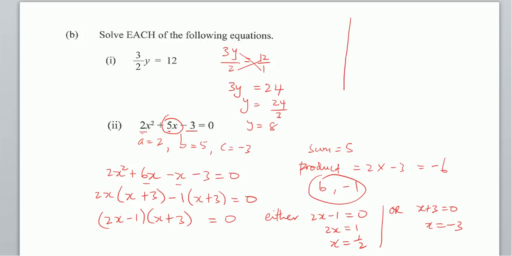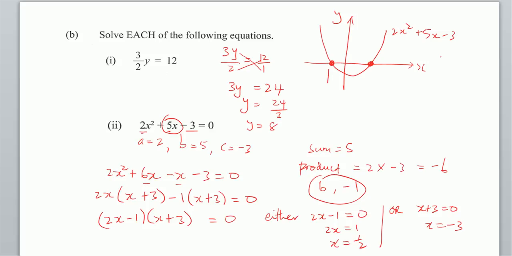Just remember, for a quadratic function, let's say for this particular graph here, right? If I had to sketch a graph and this was my y-axis and this was my x-axis, and the quadratic in this case was 2x squared plus 5x minus 3, right? When they ask us to solve a quadratic function, meaning that 2x squared plus 5x minus 3 is equal to 0, they are really asking us, where is this graph cutting my x-axis, right?